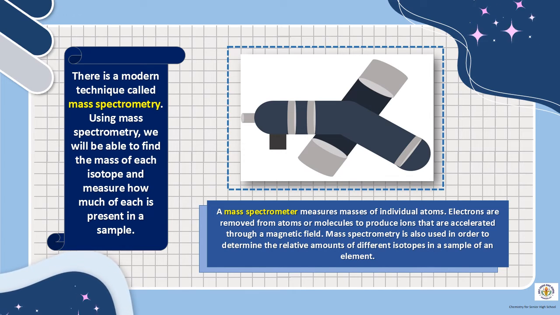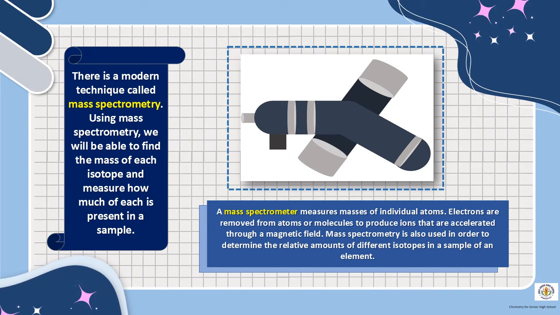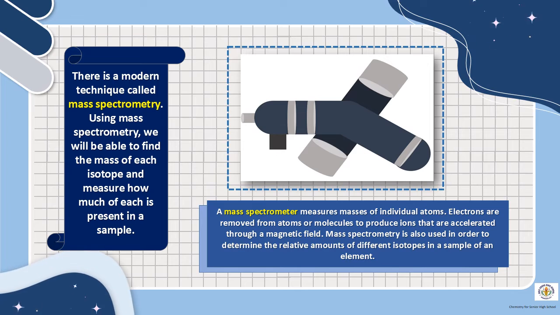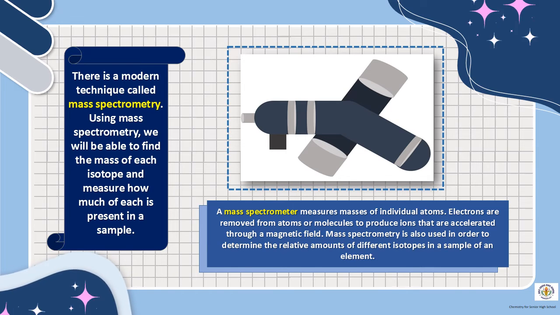Aside from the atomic mass unit, there is also a modern technique called mass spectrometry. Using this, we will be able to find the mass of each isotope and measure how much of each is present in a sample. A mass spectrometer measures masses of individual atoms. Electrons are removed from atoms or molecules to produce ions that are accelerated through a magnetic field.